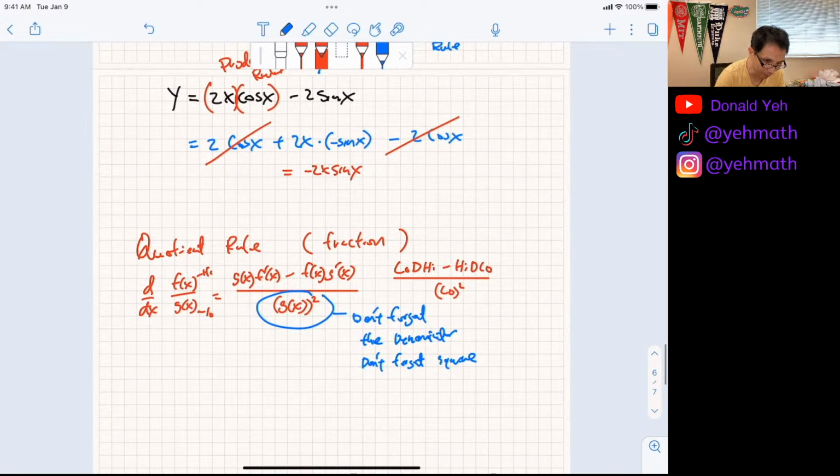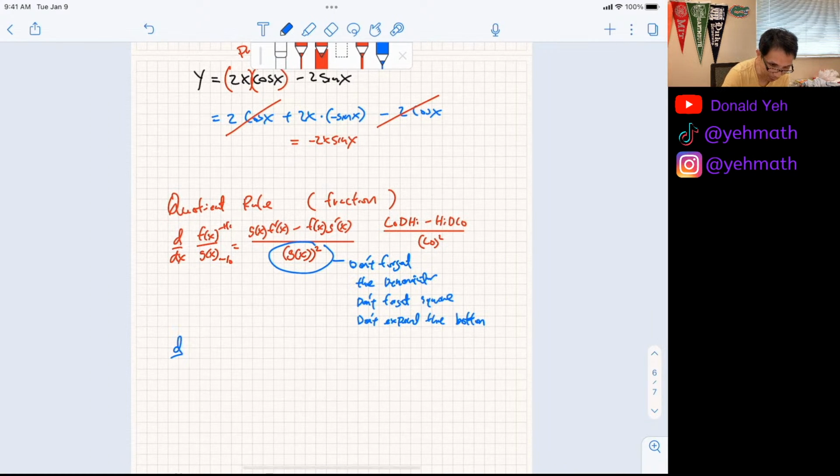And don't expand the bottom. It never helps you if you expand the bottom. So don't try to be cute and say I can expand the bottom, because you don't have to.